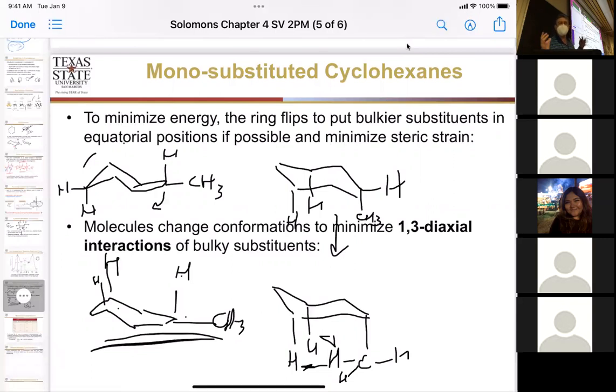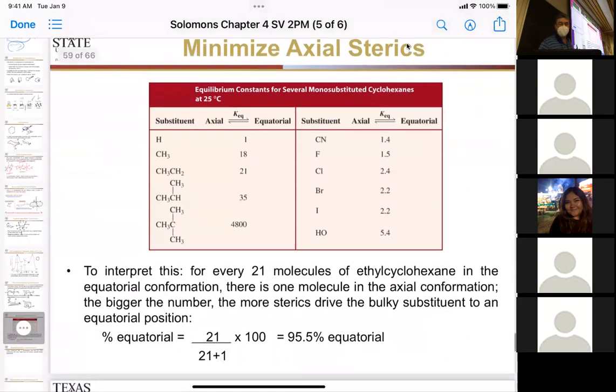So can we kind of quantify that to figure out how much sterics really is a factor? Well, if we look at this table here, if we had only hydrogens, just regular old cyclohexane, the amount of time it's going to spend in chair 1 or the first chair and then the opposite chair is 1 to 1 because there's no difference between the energies.